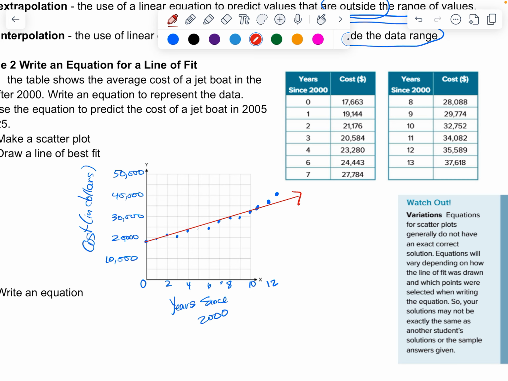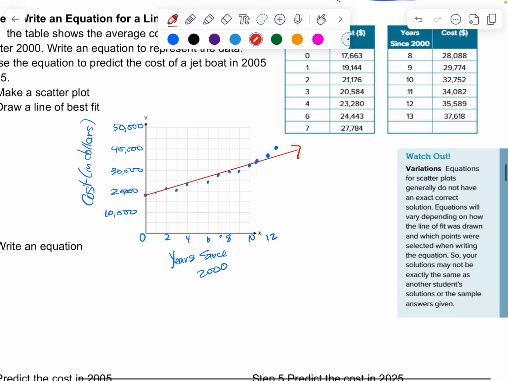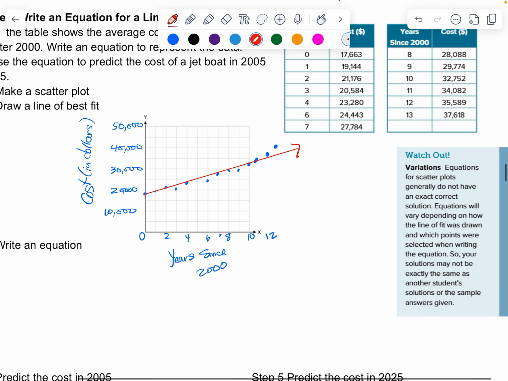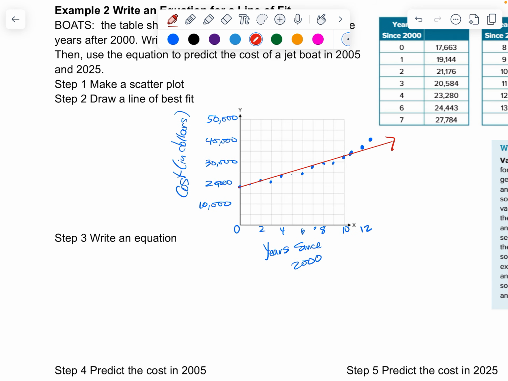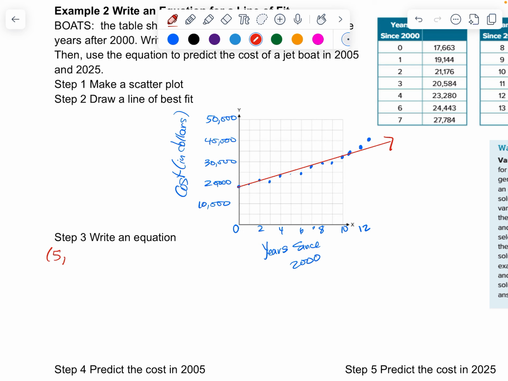So I'm going to pick 2 data points to use. Do I have to use my 0? No, I'm actually not going to use my 0. I'm going to use 0, 17,663.